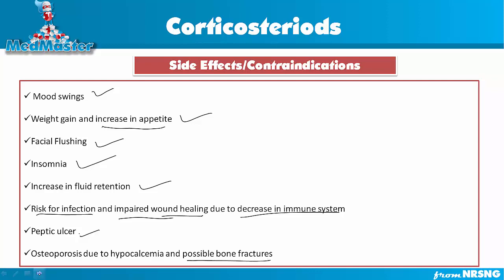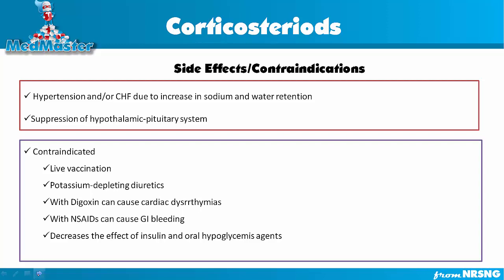But those are really rare, like for an increased age patient. This medication can cause hypertension and also congestive heart failure due to the increase in sodium and water retention. And also it can suppress the hypothalamic pituitary system because it's a negative feedback system.